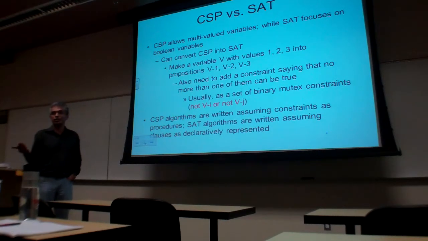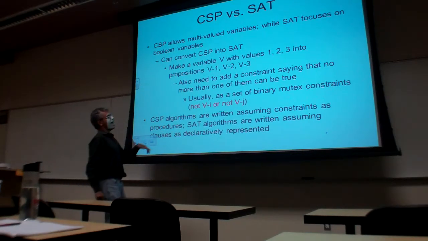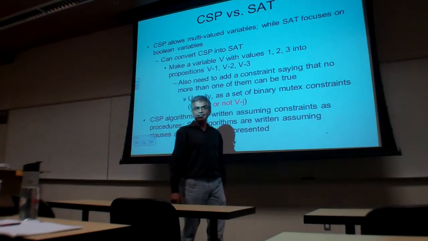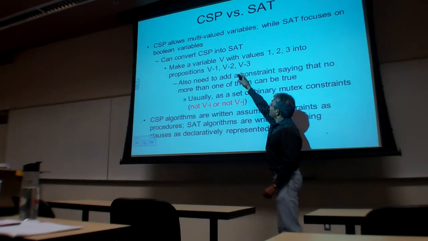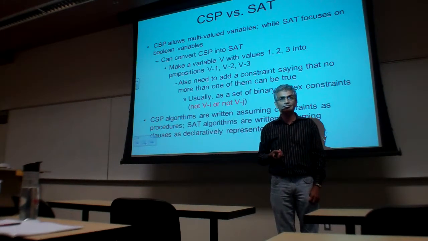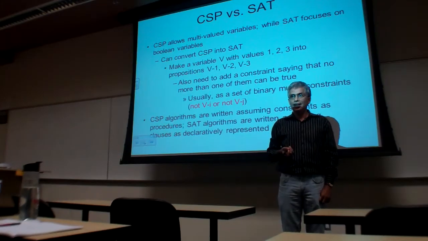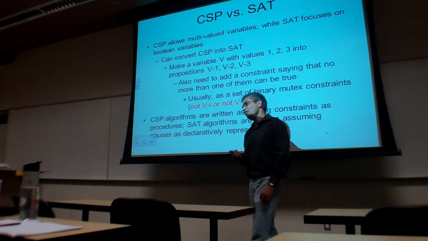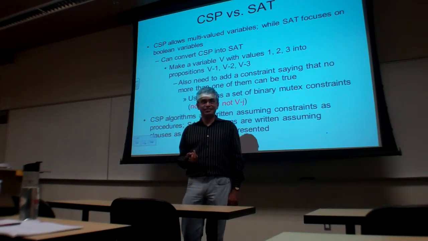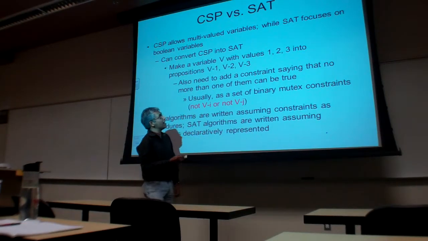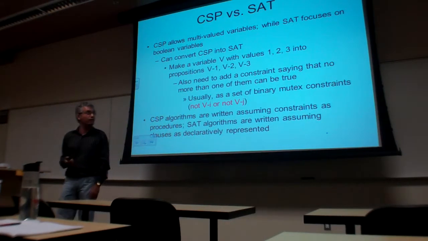Those are the 3 propositions. But don't forget to add a constraint saying only one of those can be true. If you don't, you will find out the hard way.